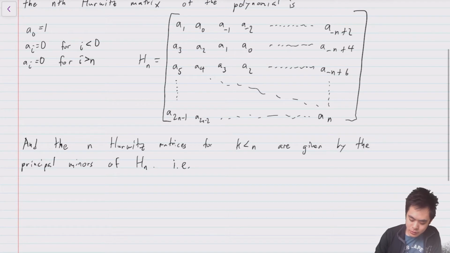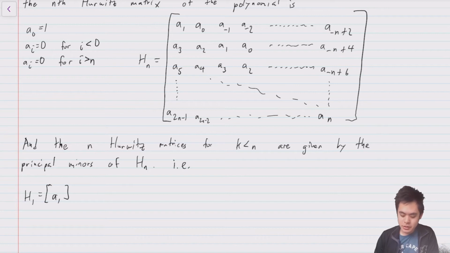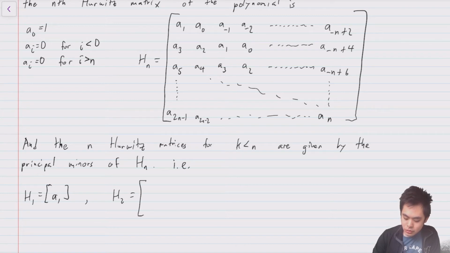That is to say, H1 is going to be just equal to the first principal minor up here. So that's going to be just the 1 by 1 matrix. And we have H2, which is going to be equal to the 2 by 2 matrix.